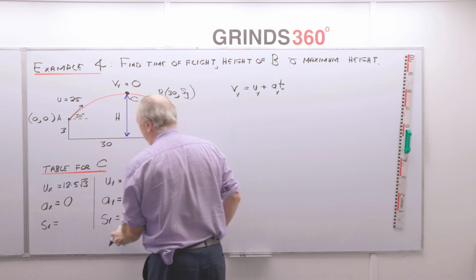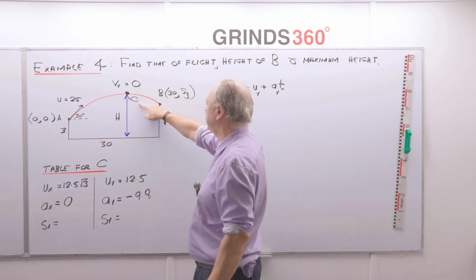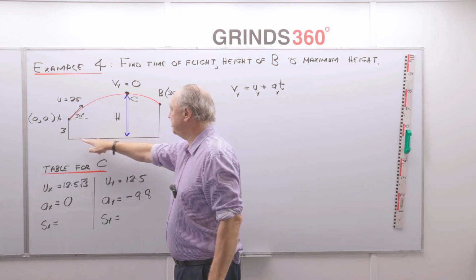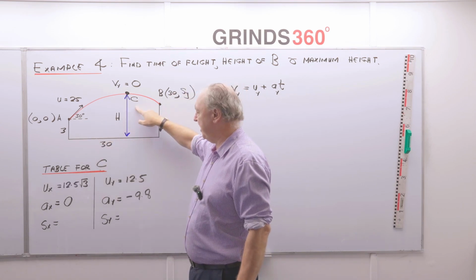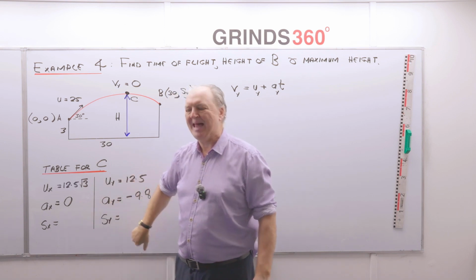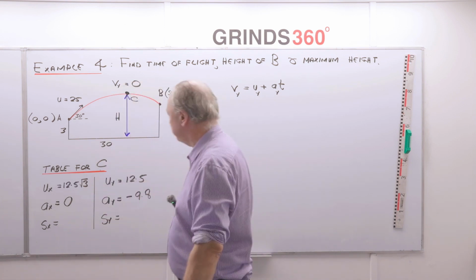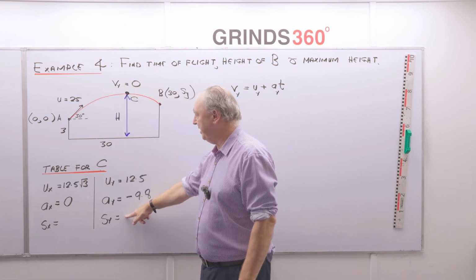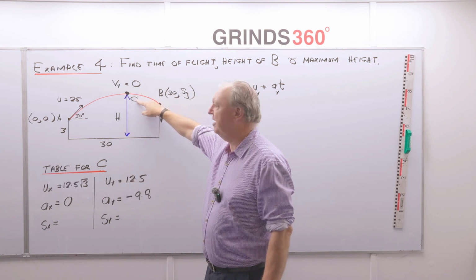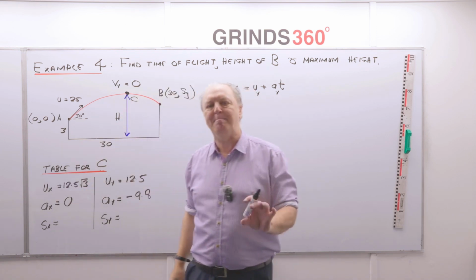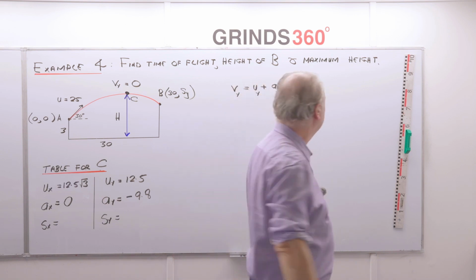Now we're talking about the coordinates of that point C. Well, how far did I go out? Don't know. How far did I go up? Well, that's what I've got to find. So those 2 entries are now blank. And what we've got to do is find Sy here, and that will give me the maximum height above the origin. And don't forget to add on the 3 to get the maximum height above the ground.